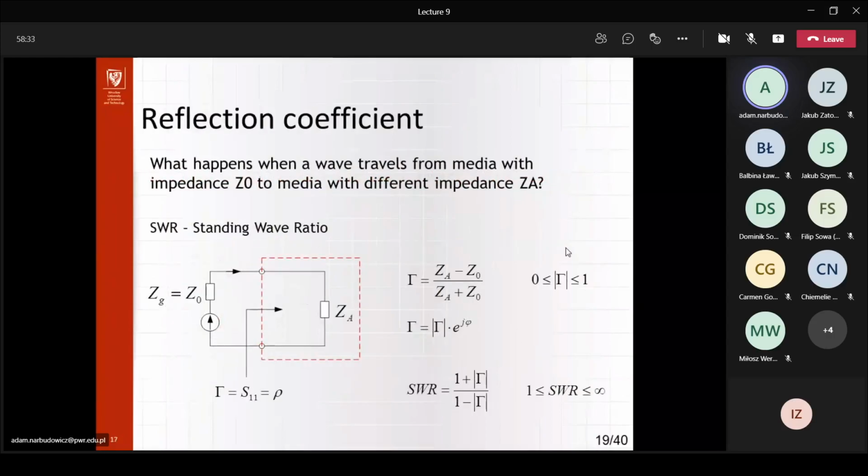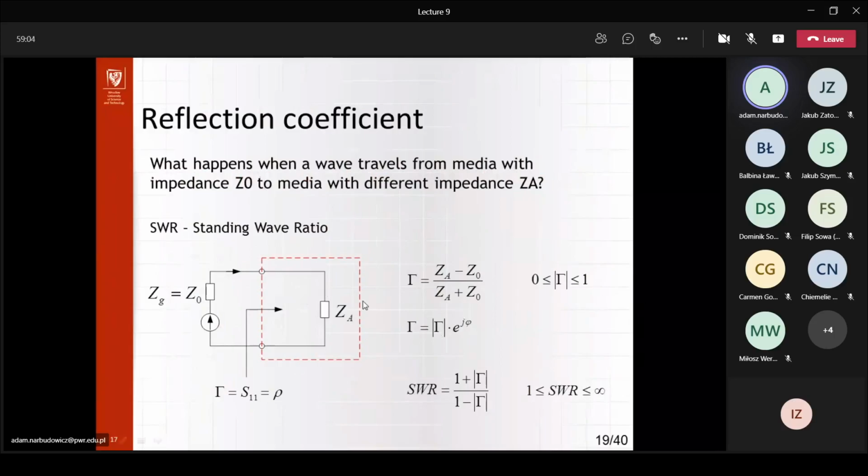What I wanted to also point out here is that in the generic case, the reflection coefficient doesn't need to be real. It can also be a complex number, which is expressed here. In the context of this lecture, for simplicity, we deal only with real impedance, but that's a very specific case.